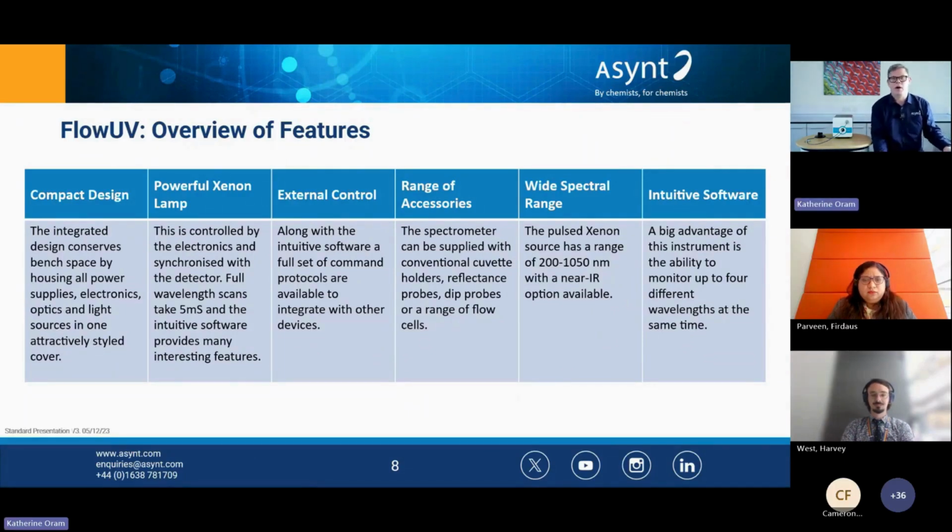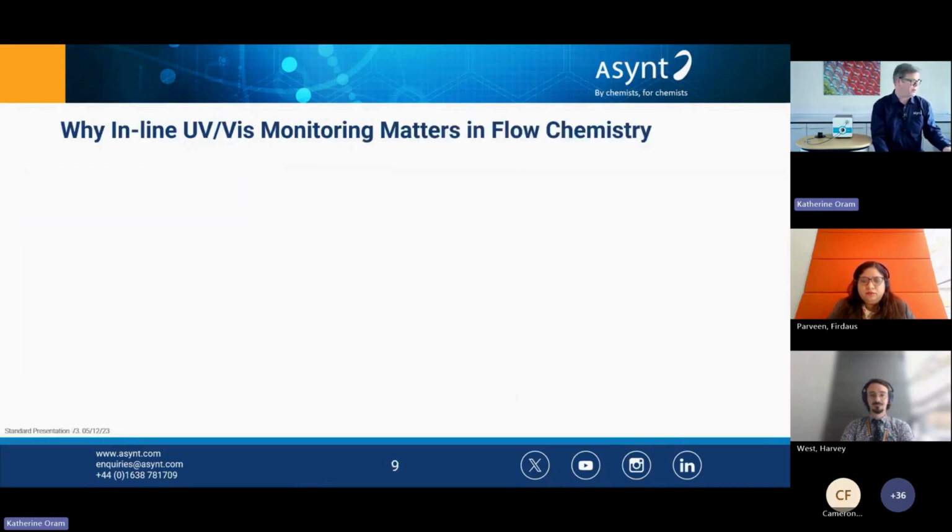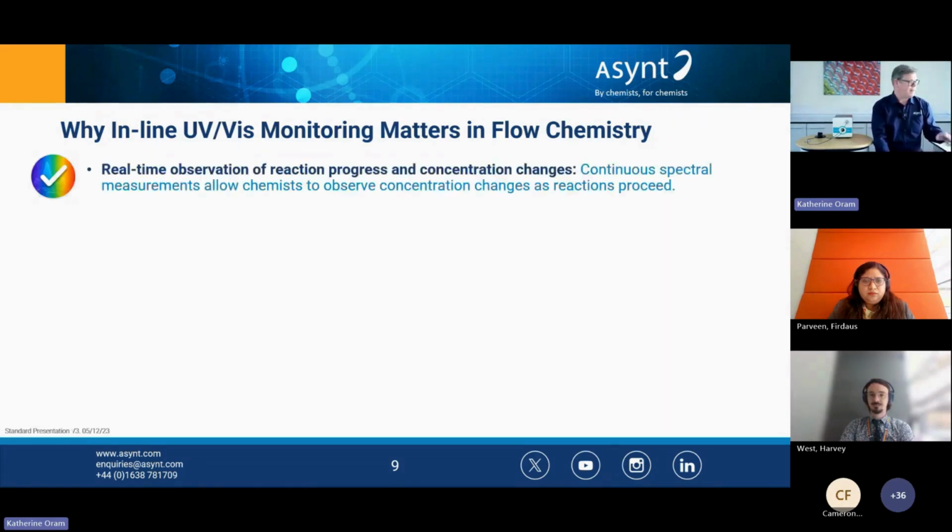We really want to talk about why and how it's being used. So as we're going to be talking about continuous flow chemistry applications, I just wanted to highlight a few of those and the advantages and benefits that it can offer for this type of synthetic technique. So this allows us to monitor real-time reaction progression, and we can see those different changes in concentration, for example, within our experiments.